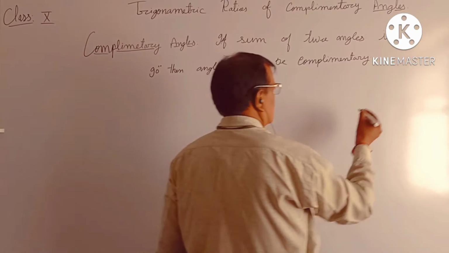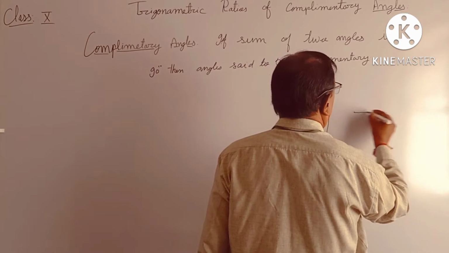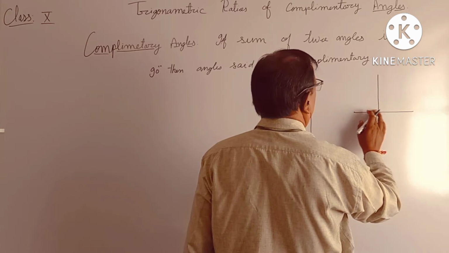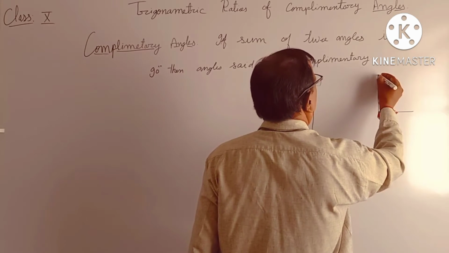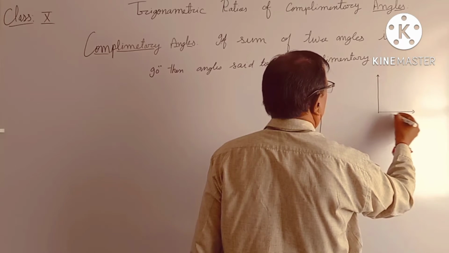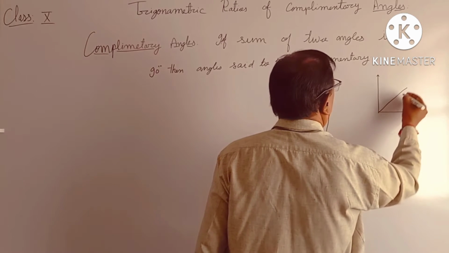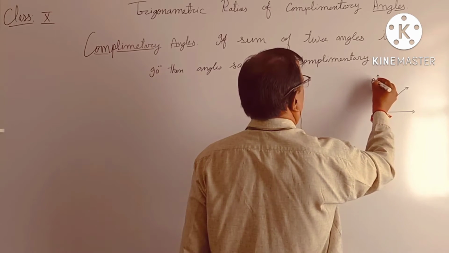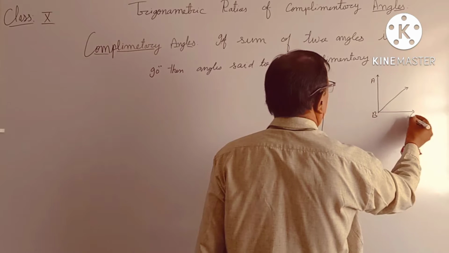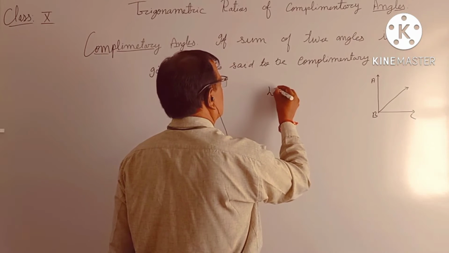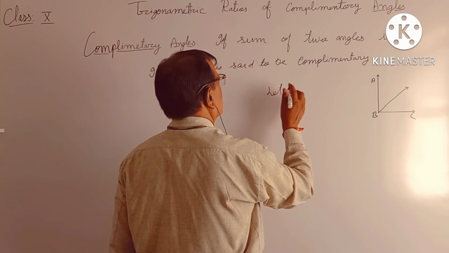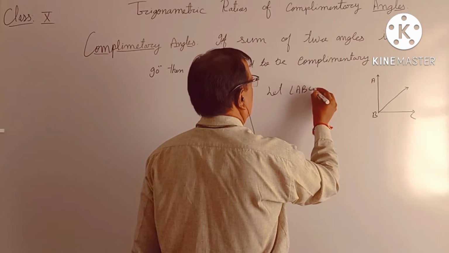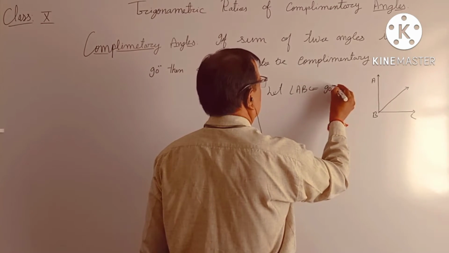We can show it by a figure also. If this one is a 90-degree angle, and if we divide it into any two parts, then each angle is said to be complementary. Let angle ABC equal 90 degrees.